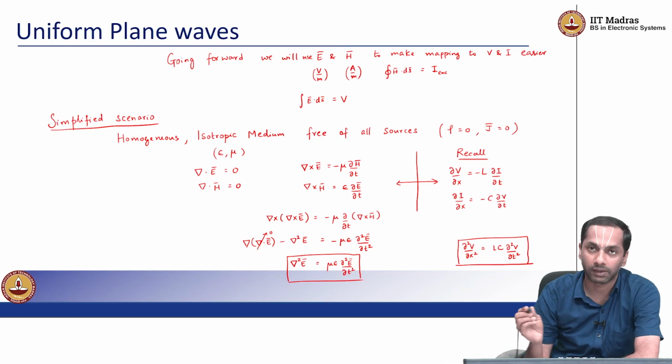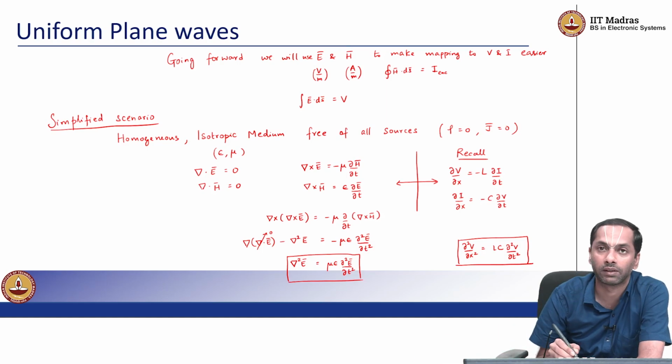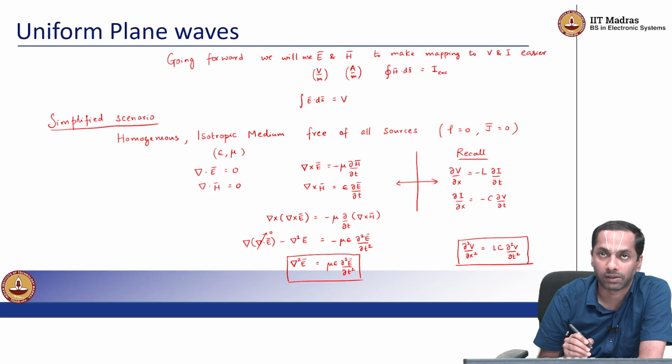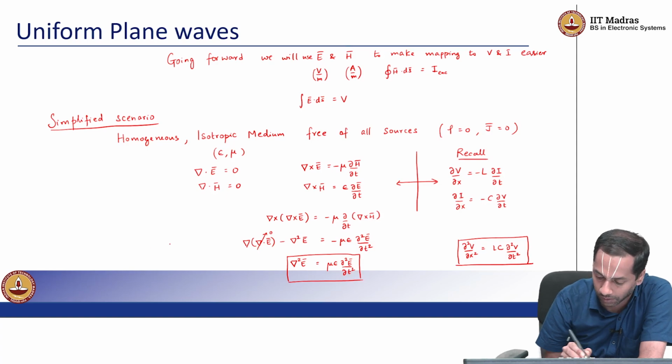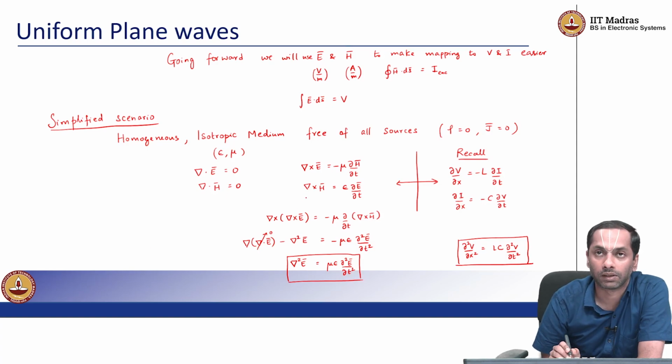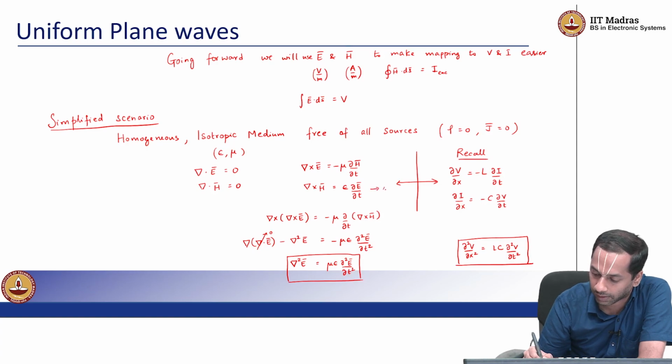But before leaving the slide, I'll also say that we could have done this for the magnetic field as well, right. So remember, if you were to take the curl of the curl H equation, right, equation 4, let's say.